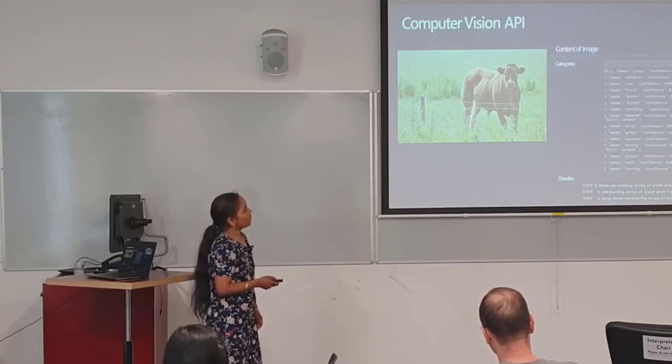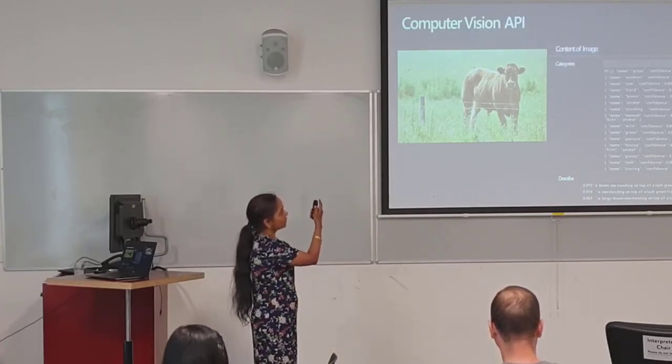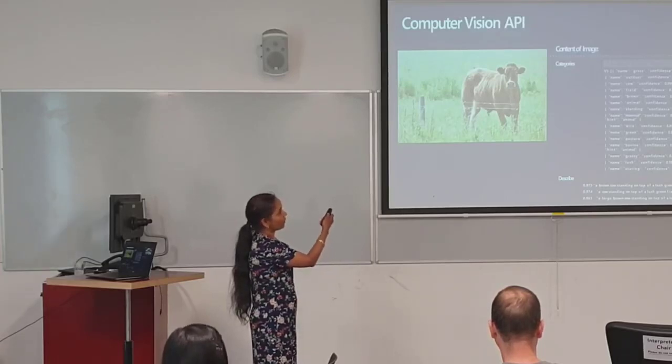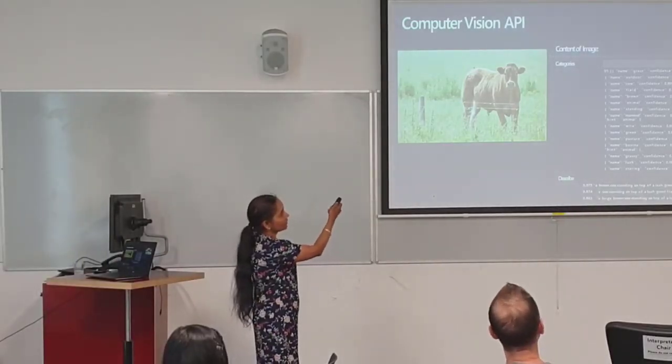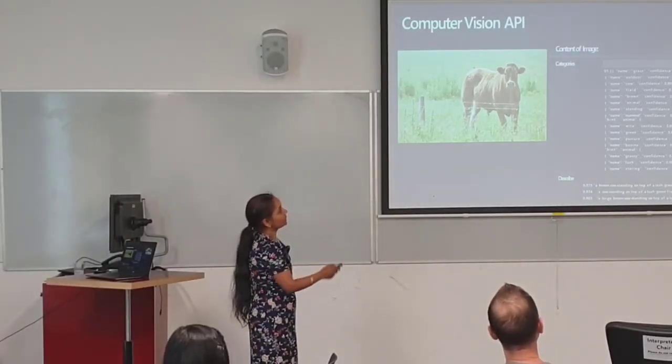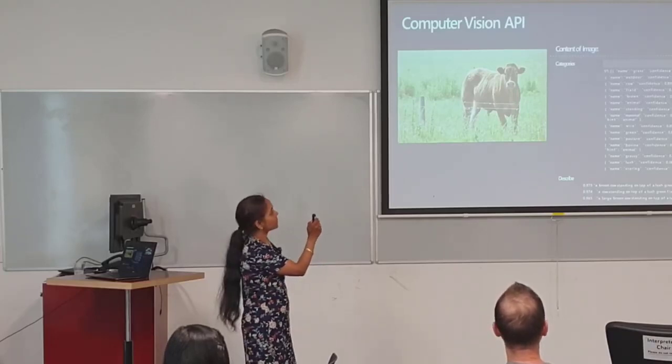And also if you upload a photo like this, it categorizes with the confidence levels. You can see a lot of grass, right? So 99% it is grass, and it's outdoor, so that is also 99%.